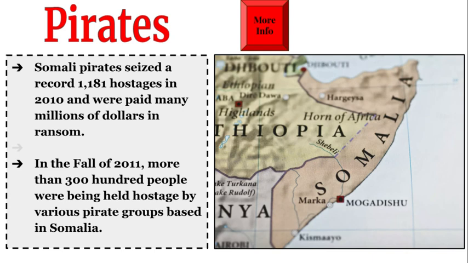Again, this failed state. So we go back here and look at the map again, and you see Mogadishu there. One of the side effects of having a failed state and anarchy is going to be modern day pirates. Somalian pirates seized almost 2,000 hostages and were paid millions of dollars in ransom.